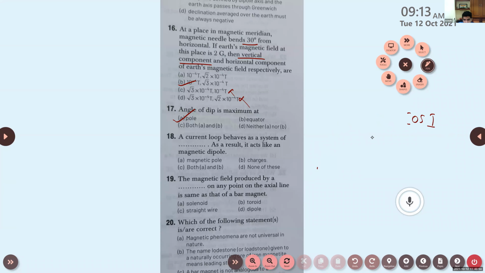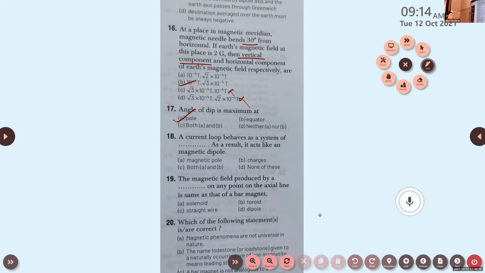So it is maximum. H is equal to cos I, which becomes cos 0, and cos 0 is equal to 1. At the pole, the vertical component is not present. Only the horizontal component is present at the pole.